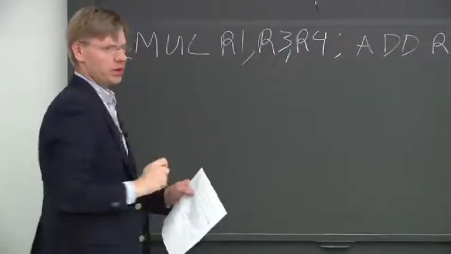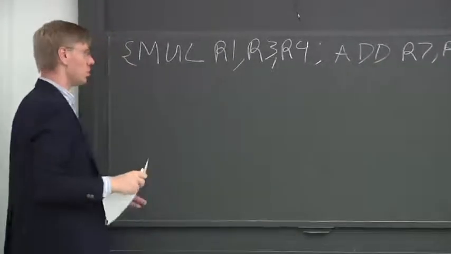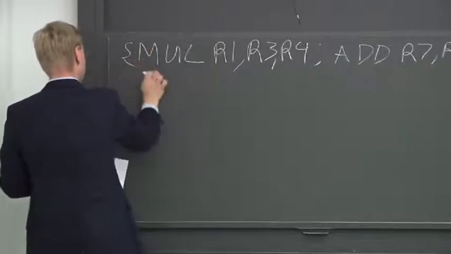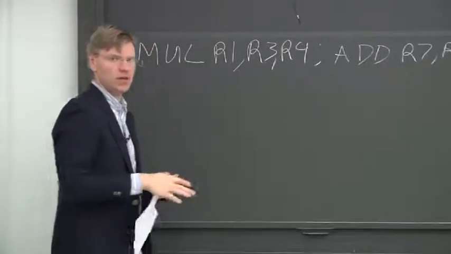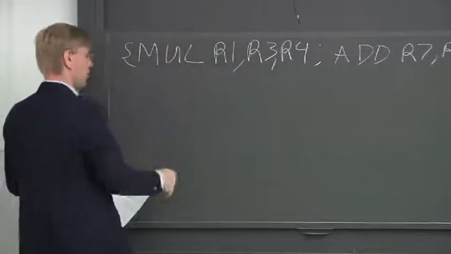We're going to use the curly braces to denote that it's one instruction or one bundle. And this multiply, we'll say, has a latency of 4 cycles. So you can't actually go read the result.